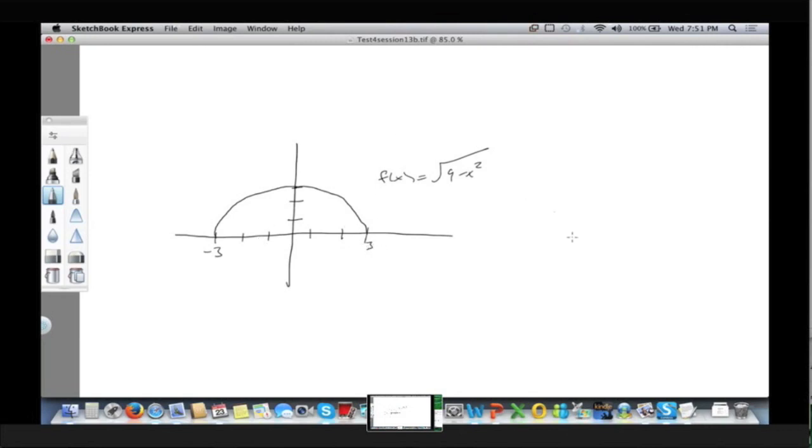Okay, so need to find the area. So area equals pi r squared. So our area is pi. This length is 6. Half of it's 3. Divided by 2.